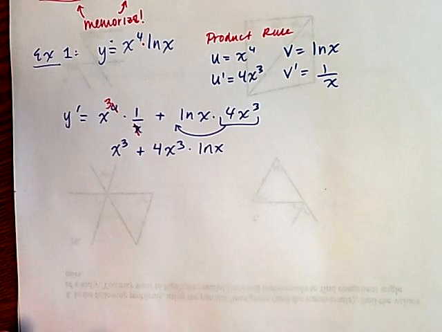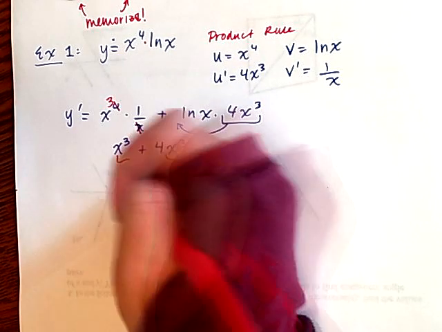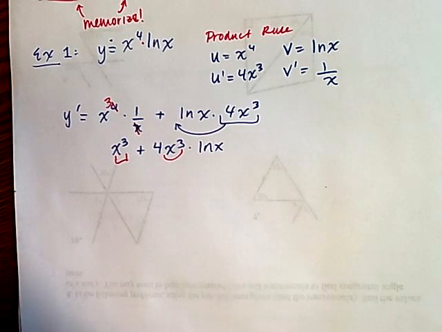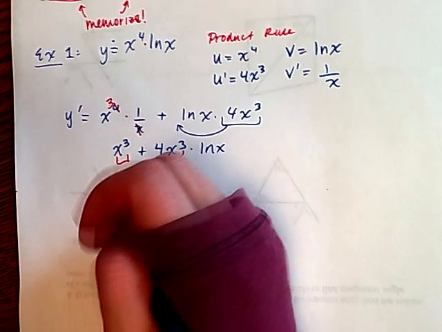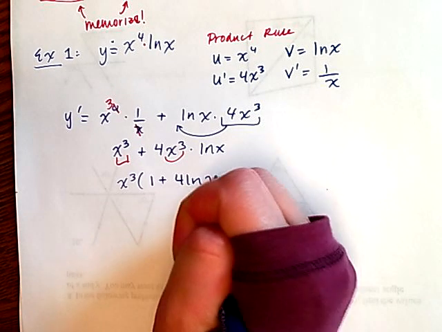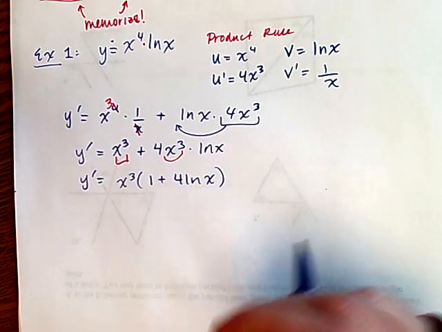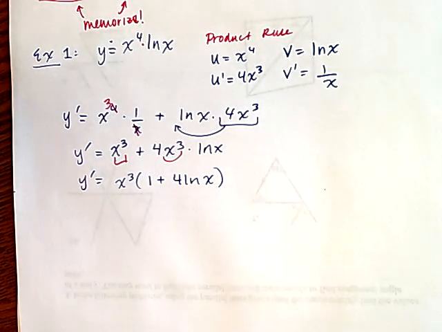The only other thing I could do would be to factor out an x to the 3rd. That's an optional thing. So if you're looking for ways to simplify, I could factor out that x to the 3rd and I would get 1 plus 4 ln x. Okay, so I would accept either of those two answers.